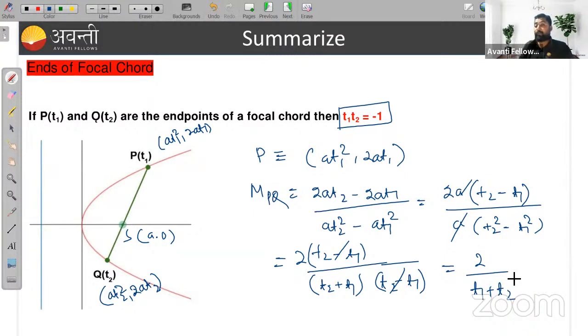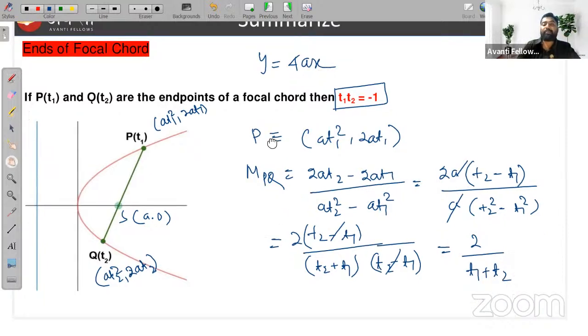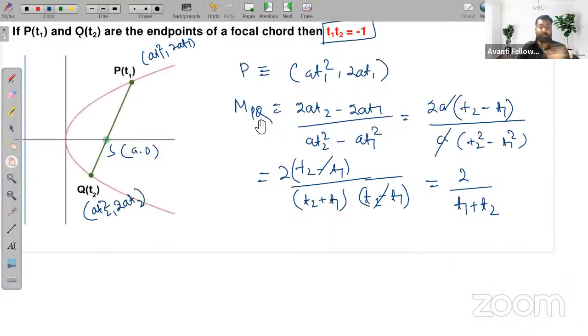This is what you get when the equation of the parabola is y square is equal to 4ax. Is that clear? Now you have the slope and also a point on that line. Can you tell me the equation of this line, having the slope 2 upon t1 plus t2 and passing through the point (at1 square, 2at1)?